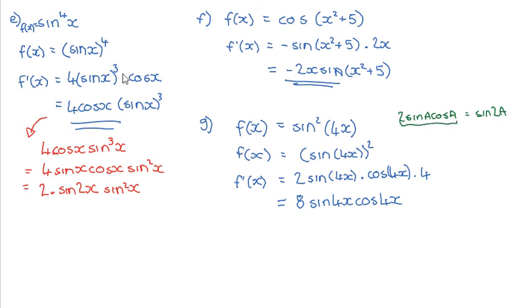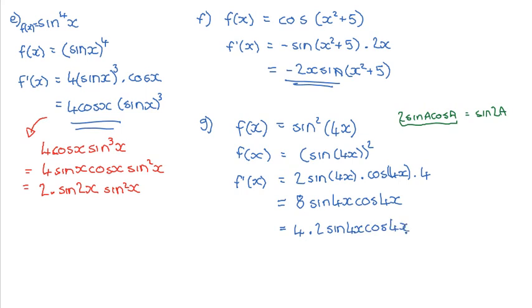What I'll do is just rewrite it just to make it a bit clearer. So let's say that was 4 times 2, because 4 times 2 is 8. It might have been easier actually in that step, to be honest, but so 4 times 2 sine 4x cos 4x.